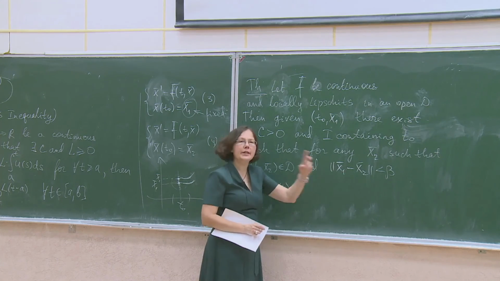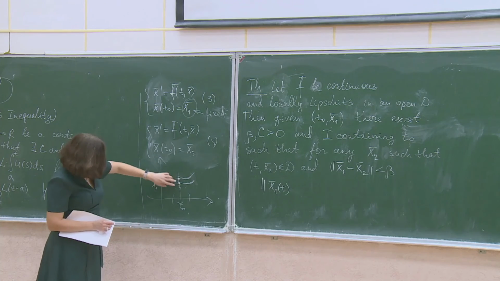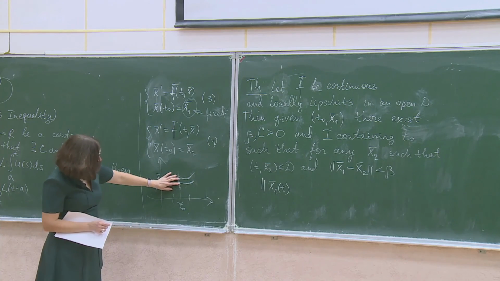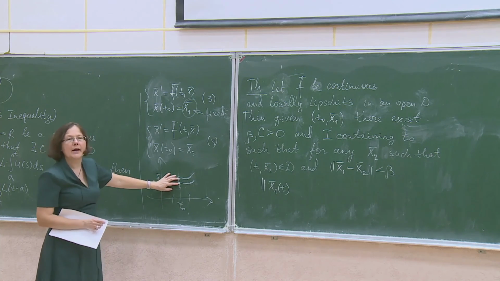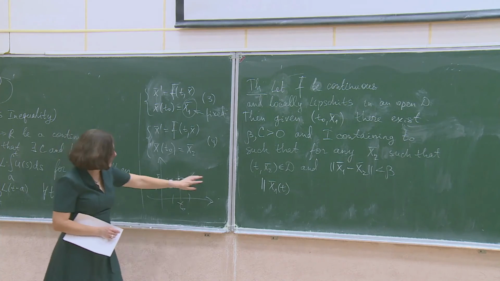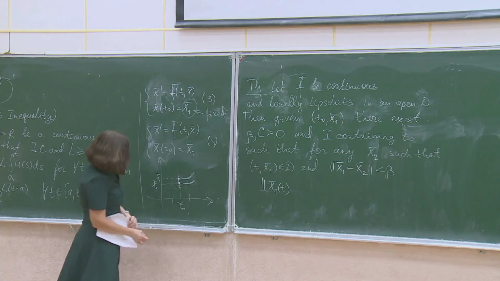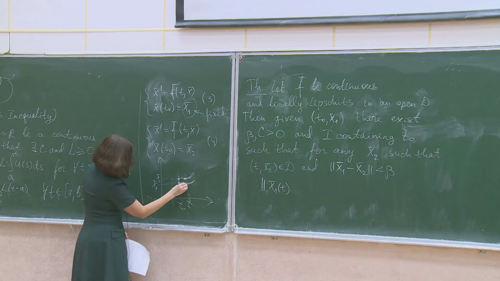These are two initial value problems, right? So x1 and x2 are two values of the solutions at the point t0. But now I want to compare x1 of t, so we may move somewhere, right?